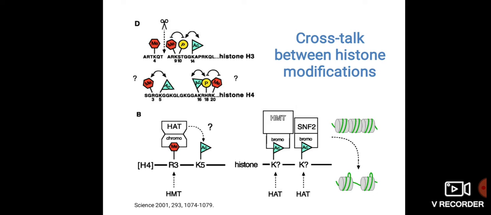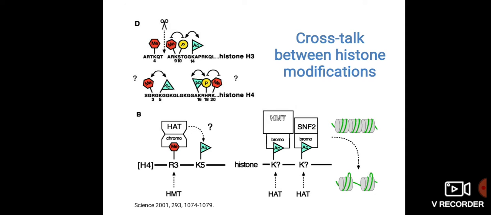For a chromodomain binding protein molecule, for example R3 in H4, when it gets methylated by the methyltransferase, that can act as a site for binding of a chromodomain containing HAT, which then causes acetylation at K5, which activates the gene.